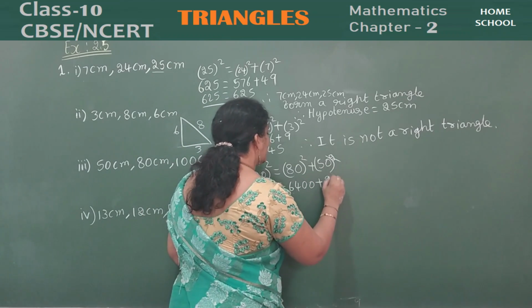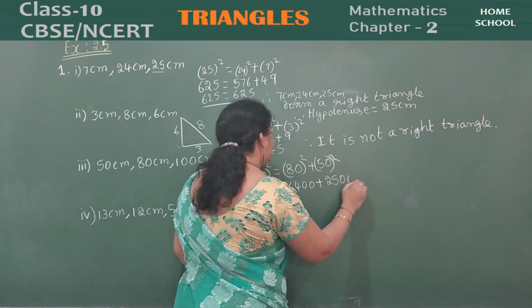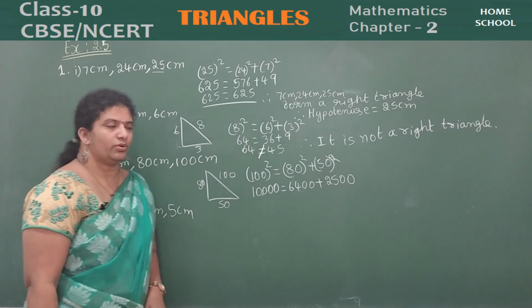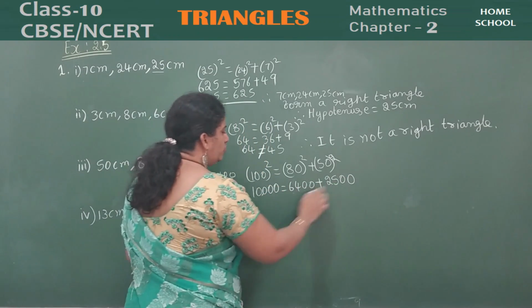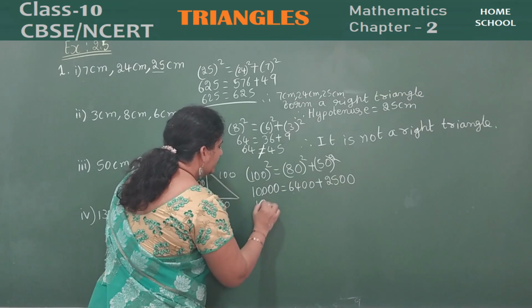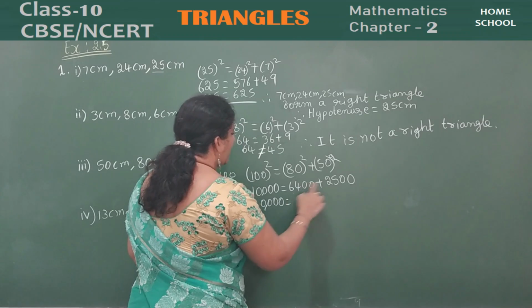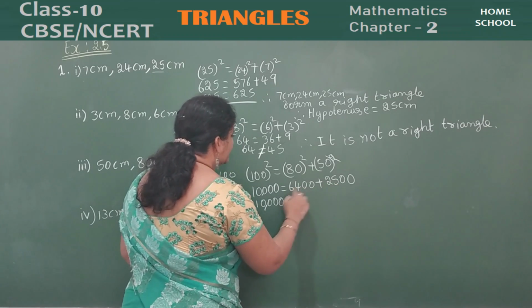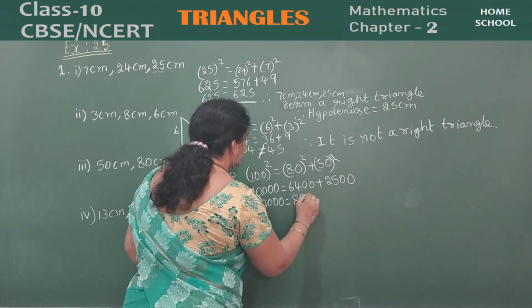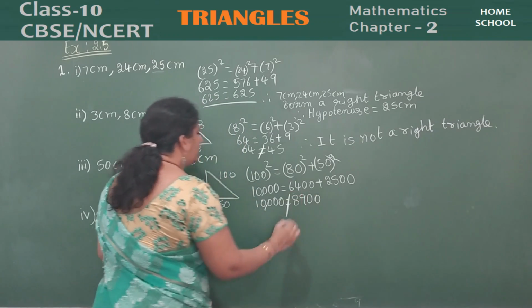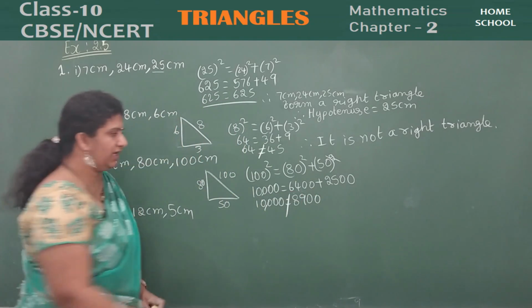50 squared is 2500. Okay, now add these two. What are you going to get here? 10,000 is equal to 5 plus 4 will be 9, 6 plus 2 will be 8. So are these two equal? No, they are not equal.